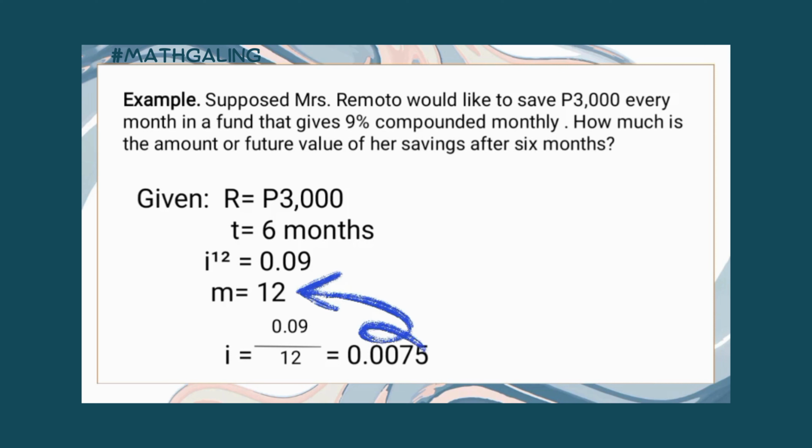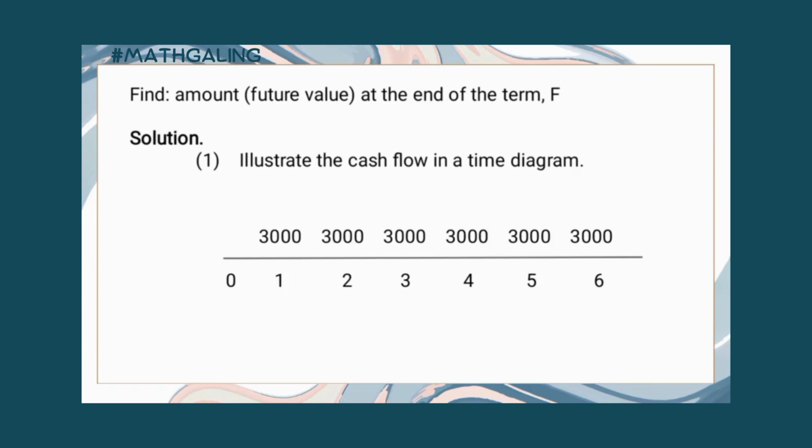And m is equal to 12 since it is compounded monthly. i is equal to 0.09 over 12, which equals 0.0075. Now let's find the amount or future value at the end of the term, F.